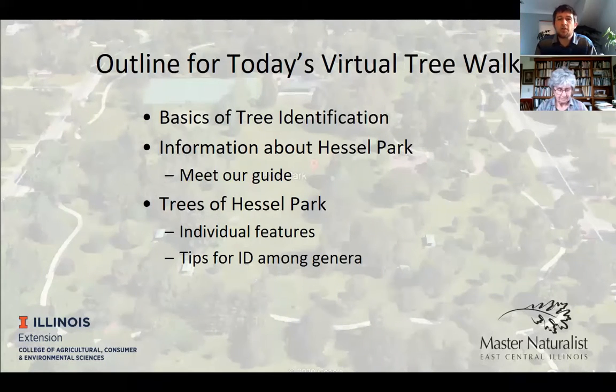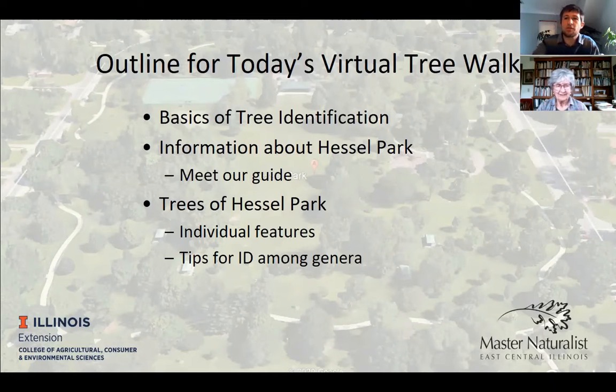We'll give a little bit of information about Hessel Park because although we're not there today, we are virtually touring that park. And then we're going to go into all the specifics of the individual species on our tree tour. So we're going to focus on oaks and maples today. That's what we're going to try and help you folks differentiate between. And so we'll give you some tips to differentiate between the oaks and maples themselves and within all of the trees as we go through this.